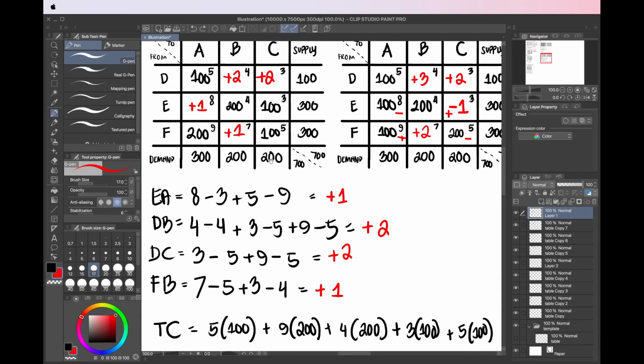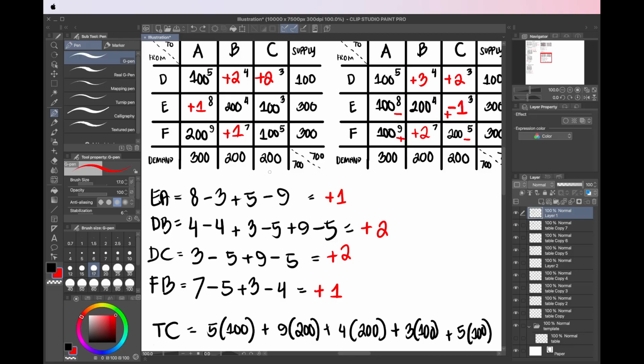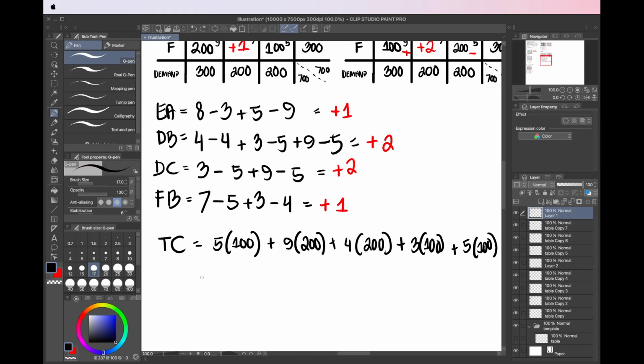Only the ones that have entries. So if we were to calculate that, plus 9 times 200, plus 4 times 200, plus 3 times 100, plus 5 times 100, that will be 3,900.